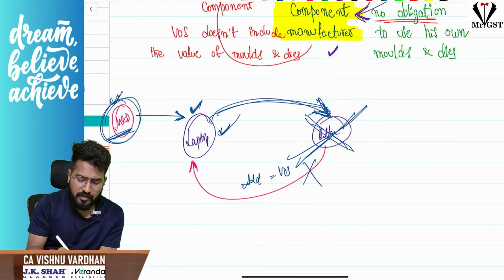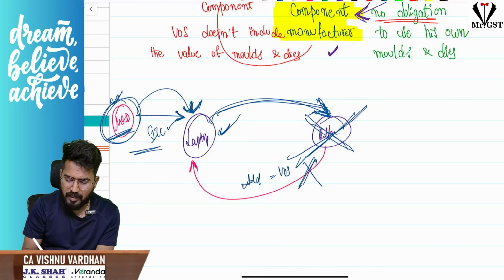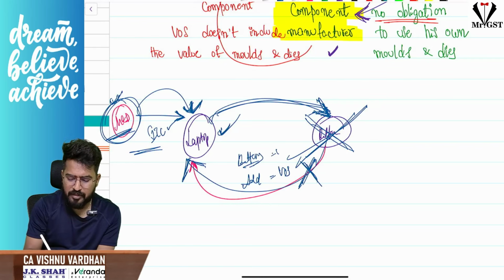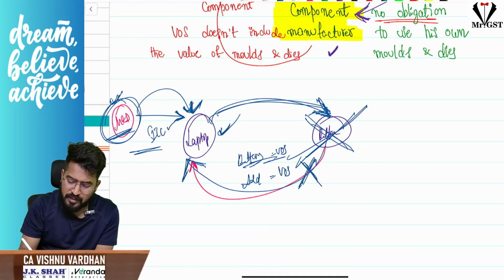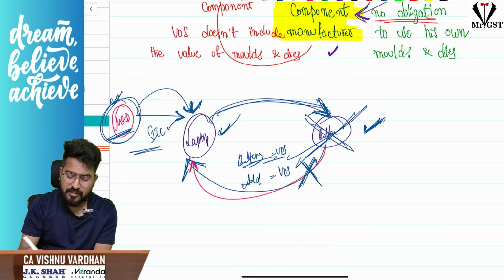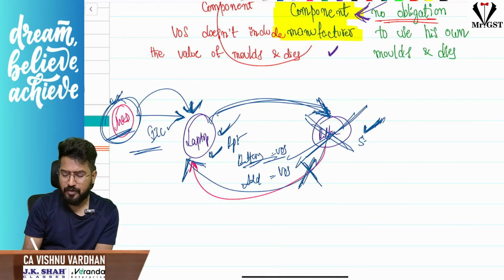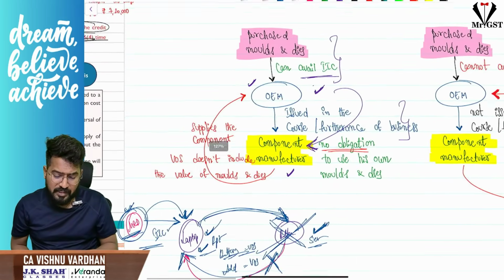So the original equipment manufacturer will take ITC of this, and this value will not be added in the value of supply of the fellow selling batteries. On that battery the value will be there, but the molds and dies value will not be added. Battery manufacturer is the supplier, original equipment manufacturer is the recipient. That is the case. Fine, hope it is clear for you.